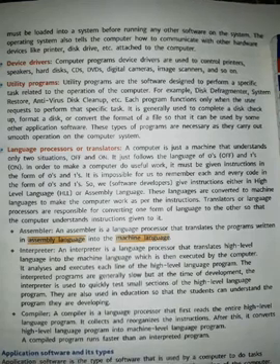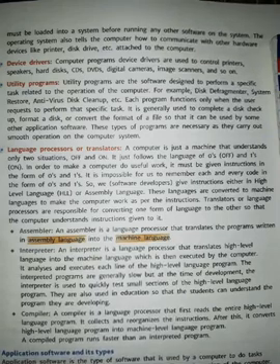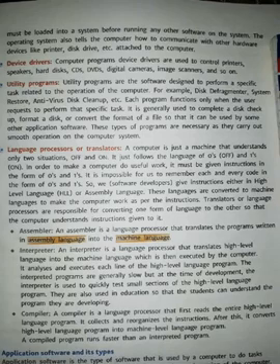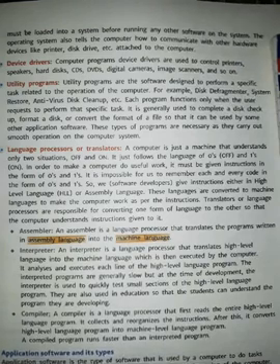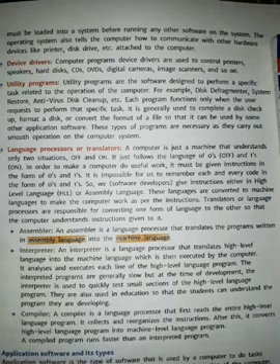The interpreter translates the instructions one line at a time, line by line. But the compiler is also a language processor that translates the user instructions in a whole form, converting all the instructions at the same time.